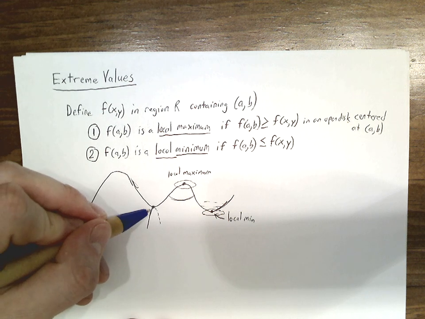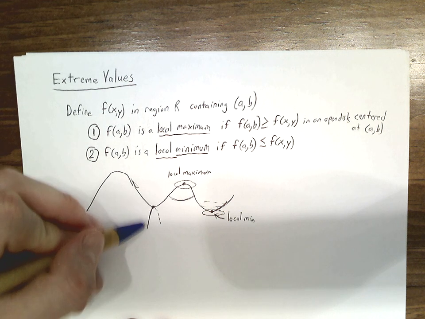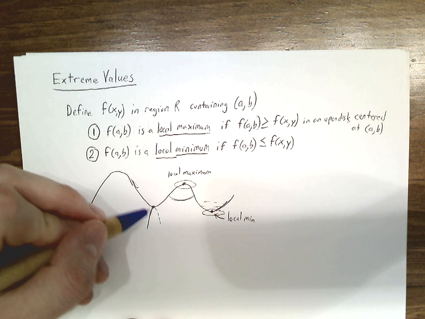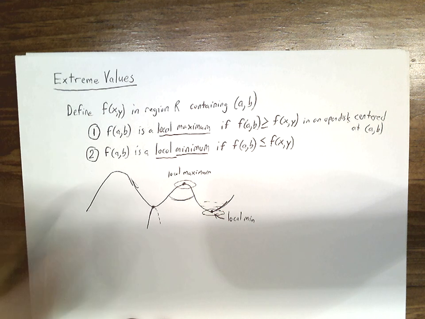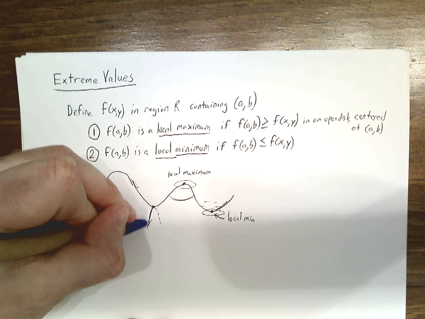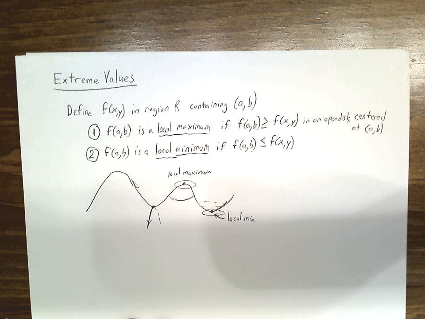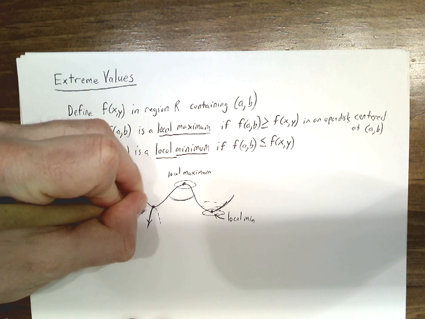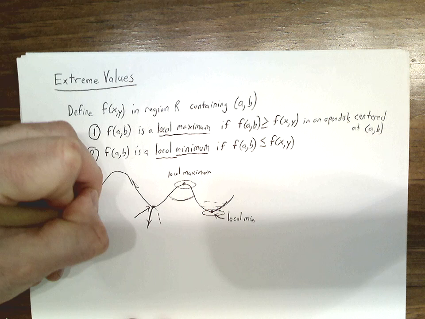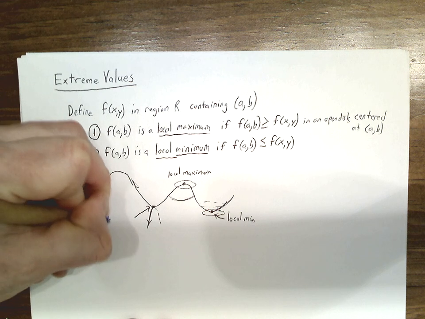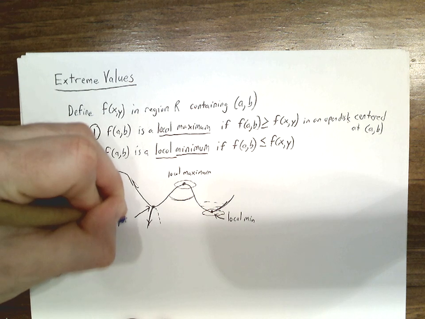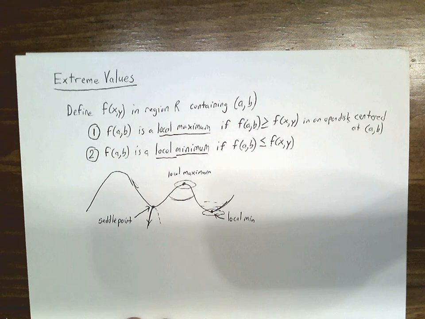If I take a step out or into the page, into the z-axis that we can't see on the paper here, but if I go this way along the curve, I find that those points are lower. And so there's a new option for a critical point called a saddle point, where it behaves like a local min in one direction and a local maximum in the other direction.